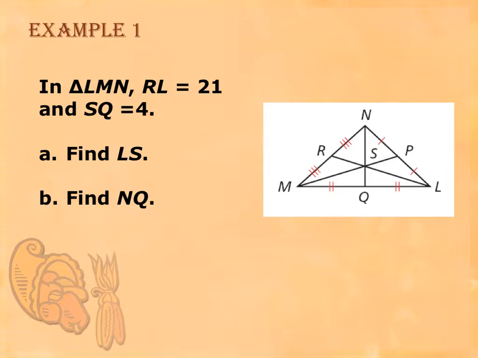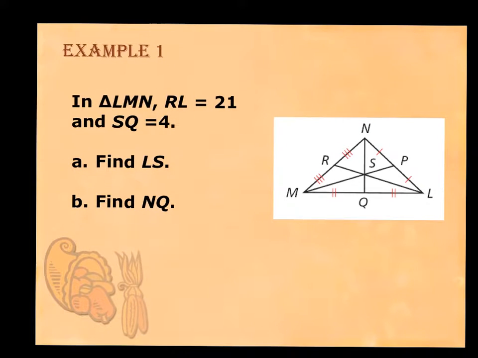All right, so this says in triangle LMN, RL is 21, so this median is 21, SQ is 4. It wants you to find LS and NQ.